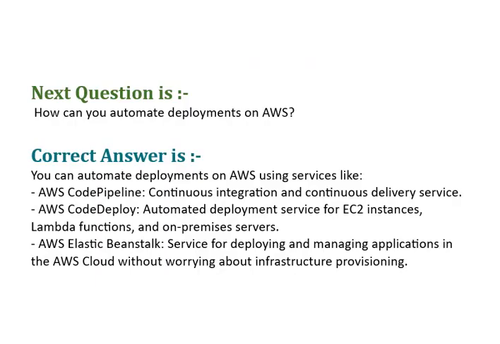Question is, how can you automate deployments on AWS? Correct answer is, you can automate deployments on AWS using services like AWS CodePipeline, Continuous Integration and Continuous Delivery Services.